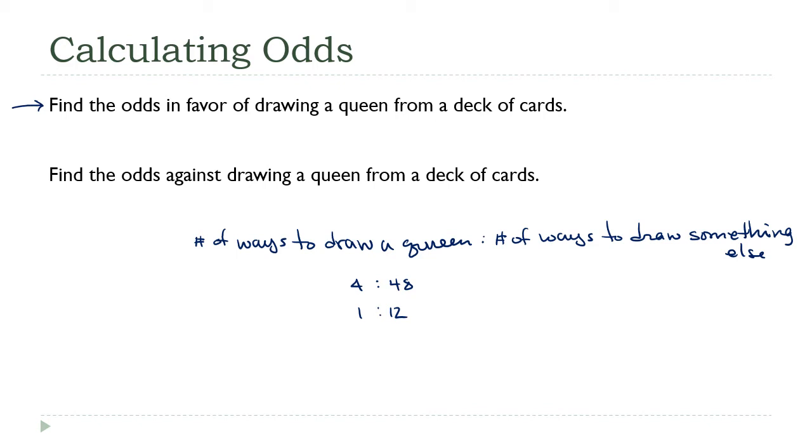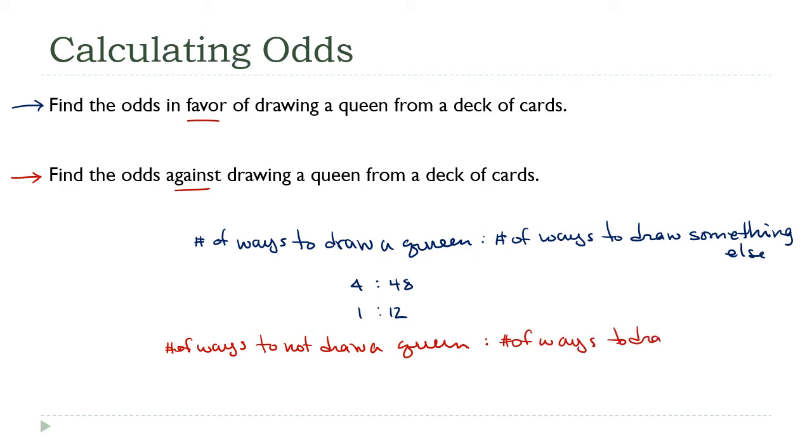The second one, if you take a close look, I just turned it around. Instead of saying the odds in favor, I said the odds against. Okay, what's the odds against? Well, that is the number of ways to not draw a queen to the number of ways you can draw a queen.